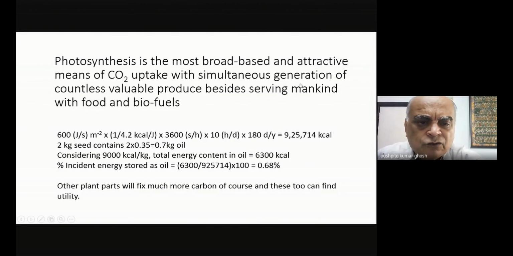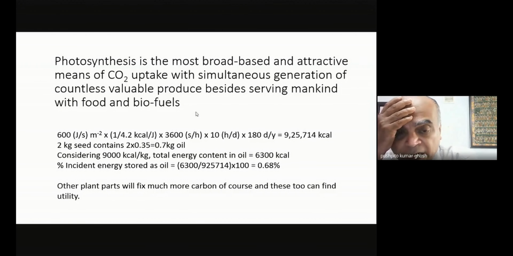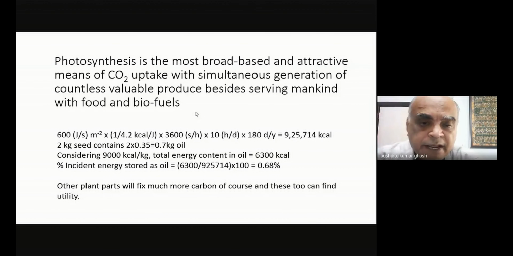And typically every 6 months, you get a harvest of the seed, and it's from the seed that you get oil. So I've tried to see what is the total insolation falling on the plant over 180 days.